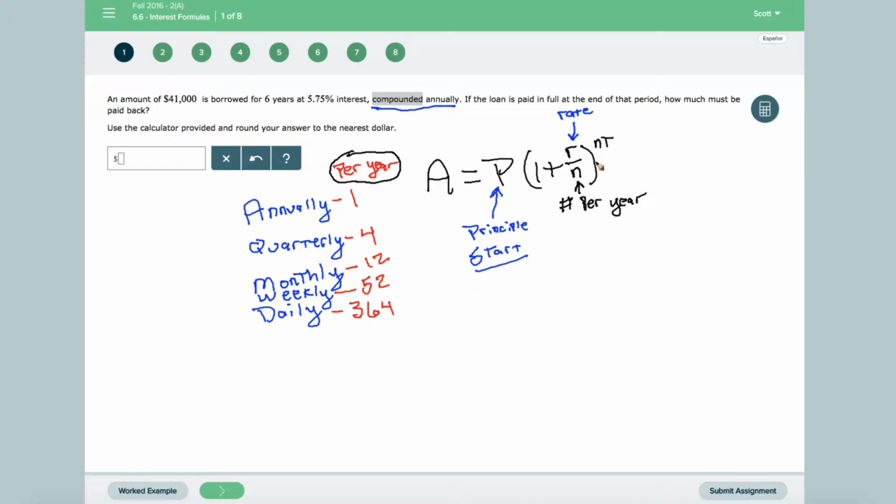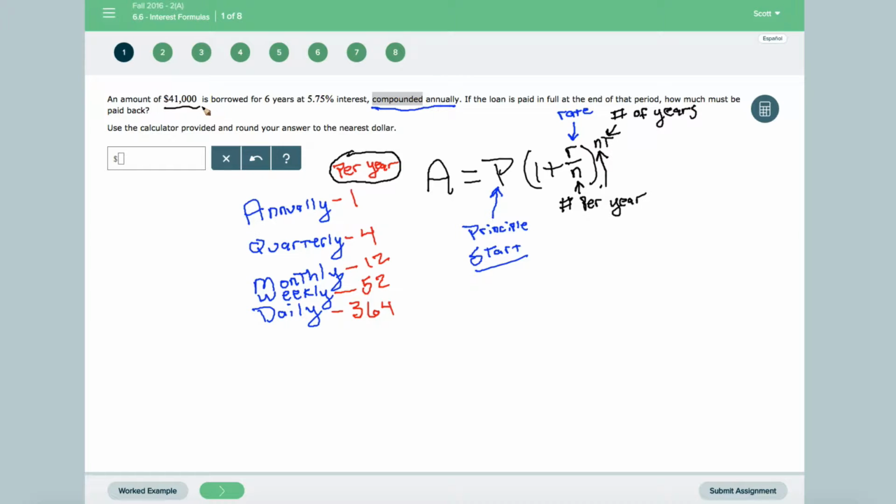And that's the same number here and here. Same number. And then T is the number of years. Okay, so that's my equation.